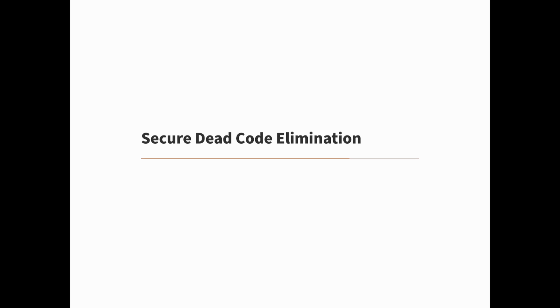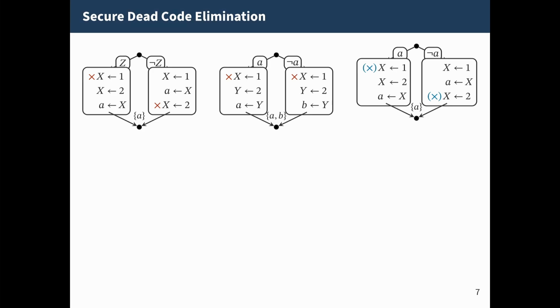Now let's see how it works in practice. In practice is maybe an overstatement because we are only working with a toy language. But the basic idea is to think about the conditionals. How are the conditionals handled? There are three cases. First, on the left side, we might have a public branch, so the branching variable is public.